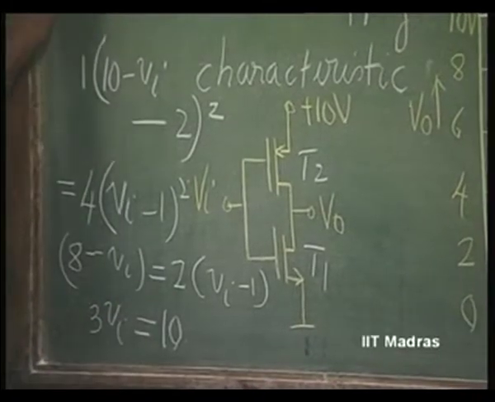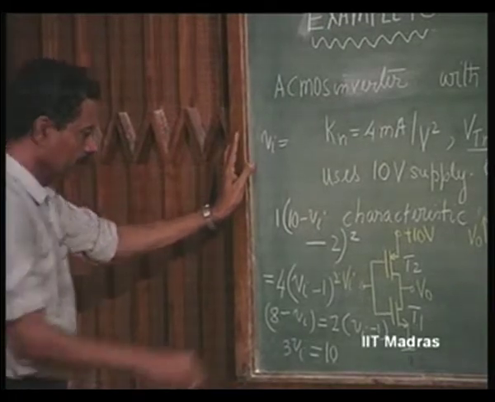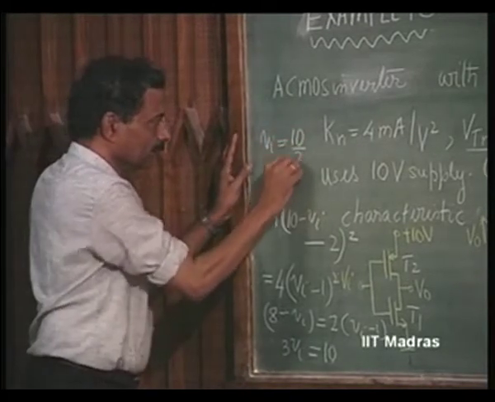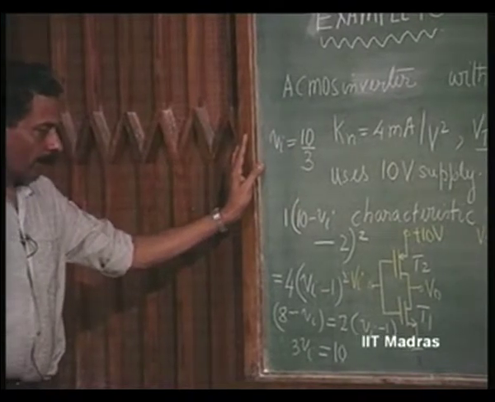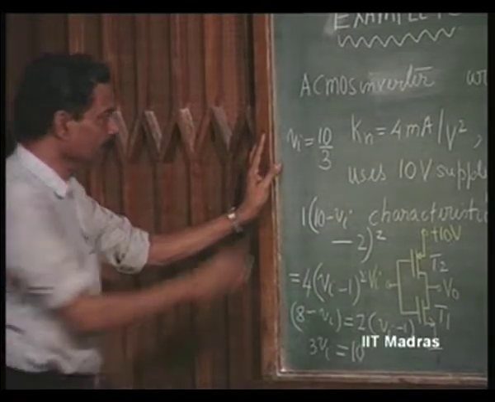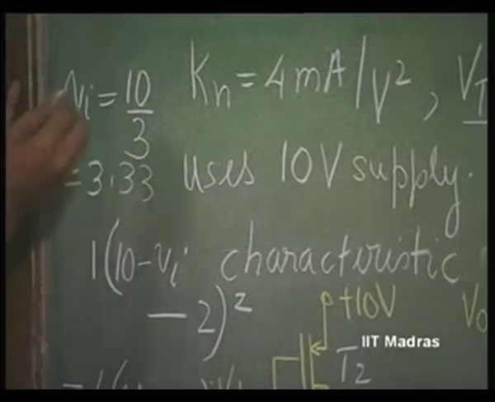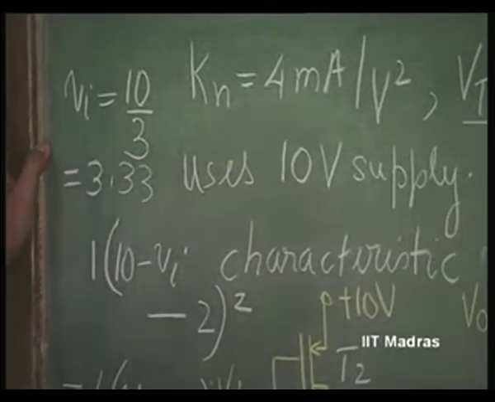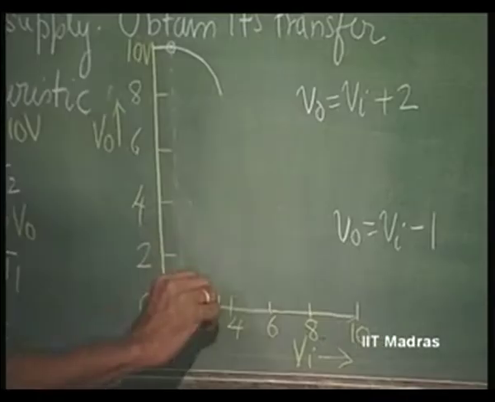So, Vi equals, how much is it? 10 by 3. Is this clear? So, this 10 by 3 is 3.33 and so on. So, somewhere here this is 3.33.